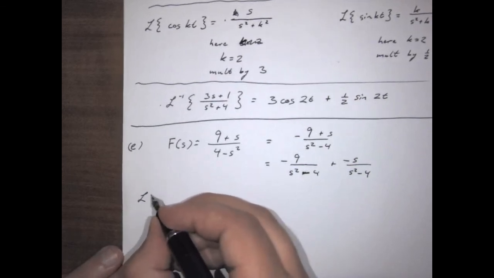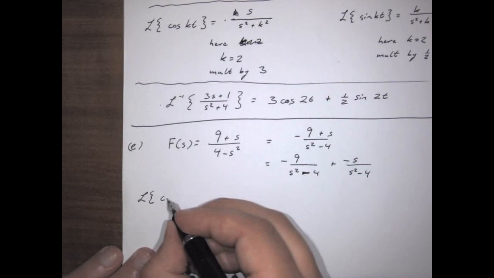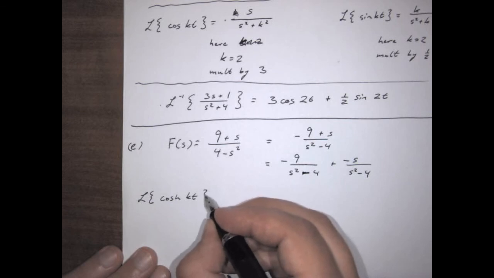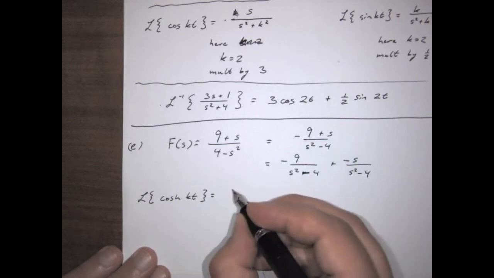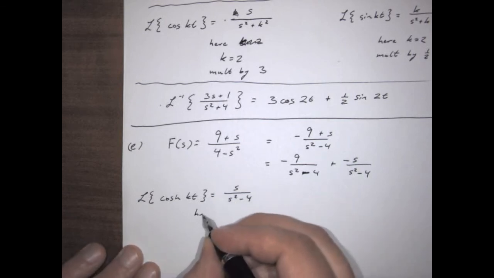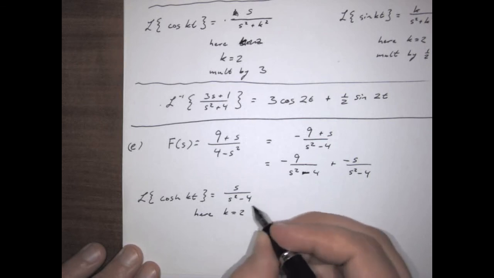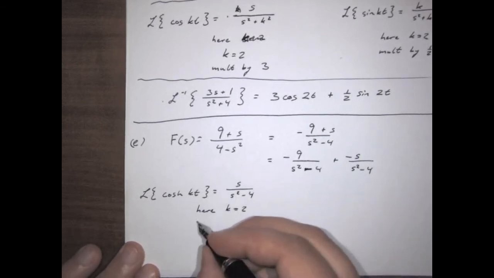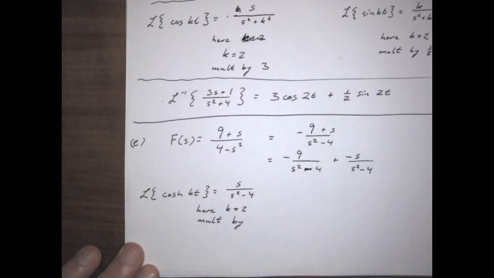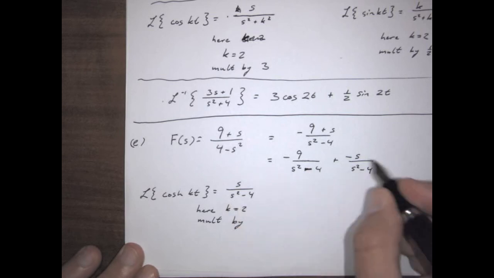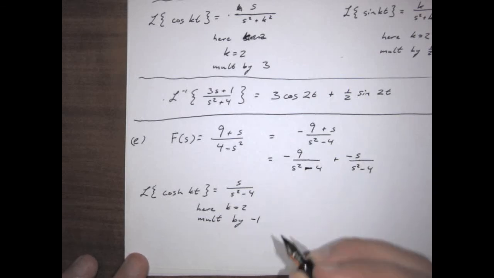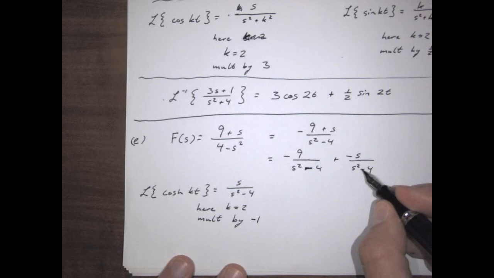So we can consider the Laplace transform of the hyperbolic cosine kt is equal to, so here we've got s over s squared minus 4. So here k would be 2 to match that spot, and we'd have to multiply by negative 1 to match this one.